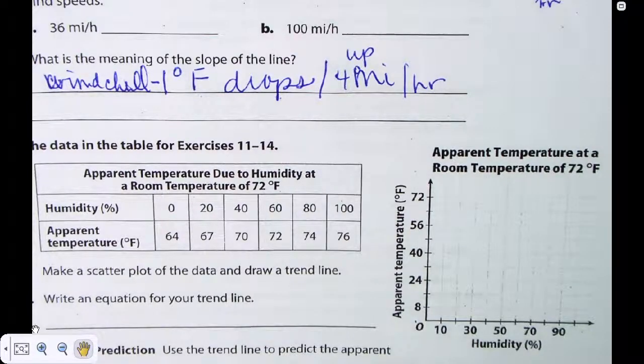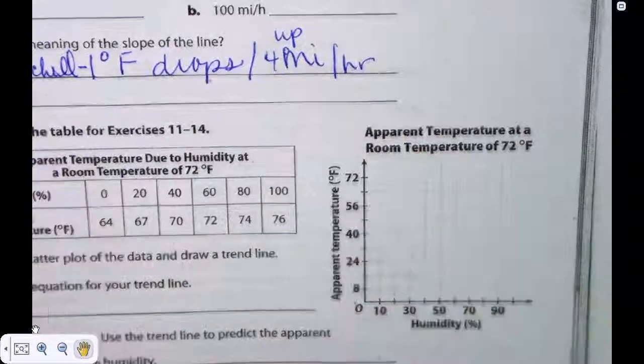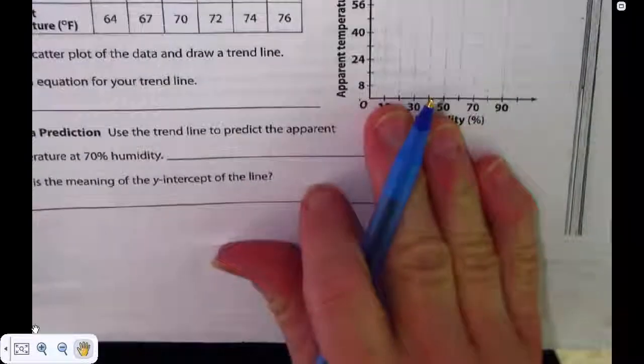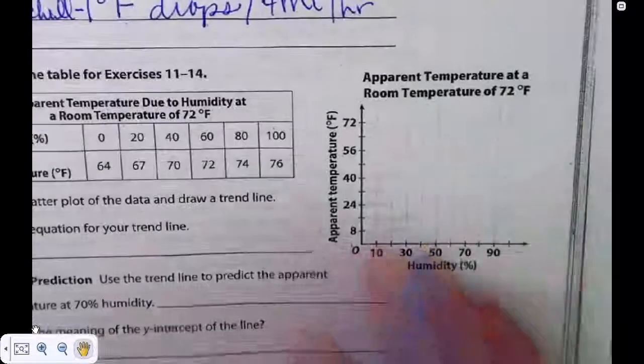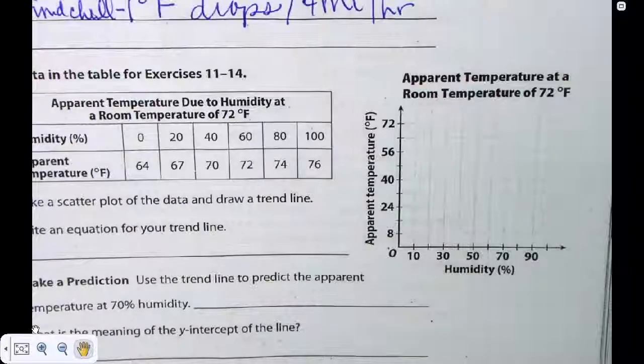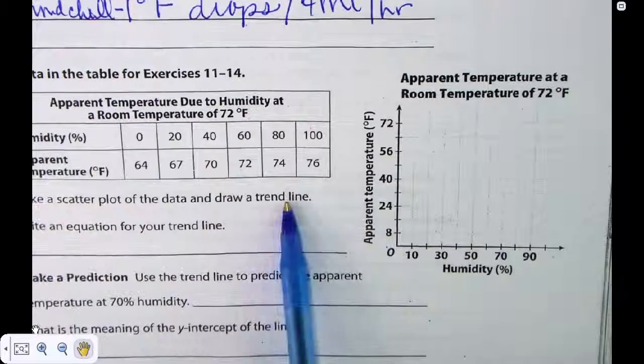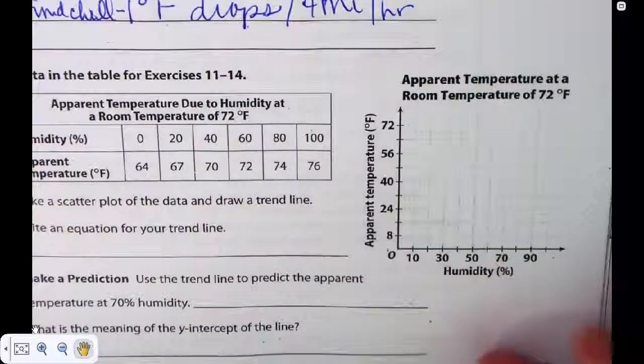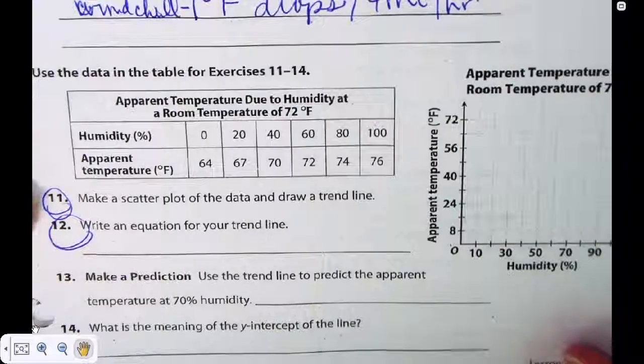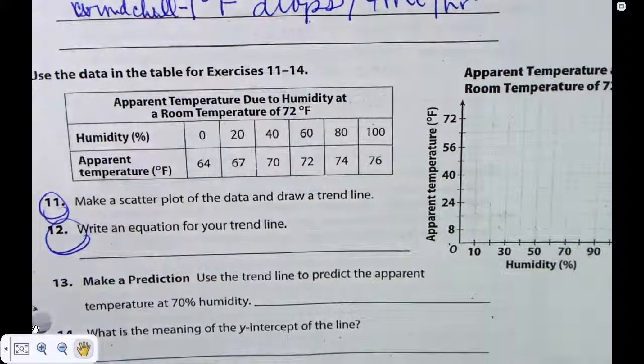All right, now go do the bottom one. Put the points on there. We're going to have time to check it tomorrow. Make your scatter plot, draw the trend line, and try to write your equation. Does everybody understand? They give you 2 exact points, so everybody's equation should be the same.